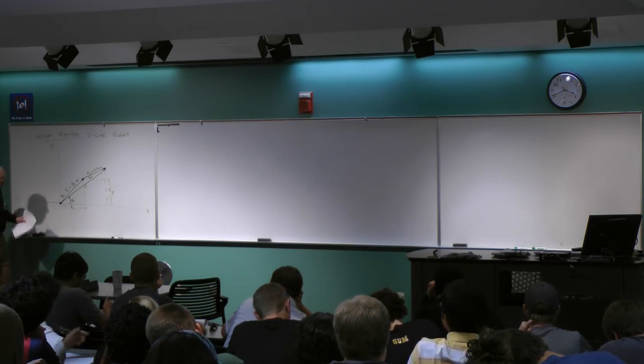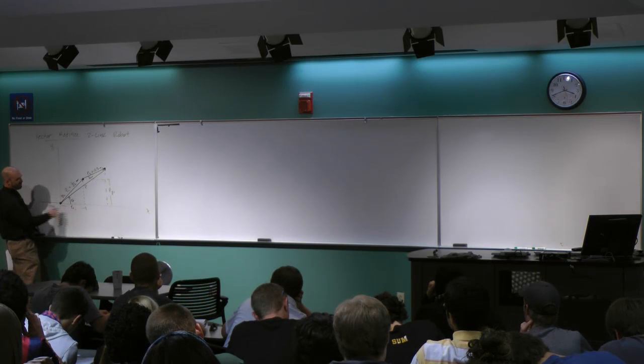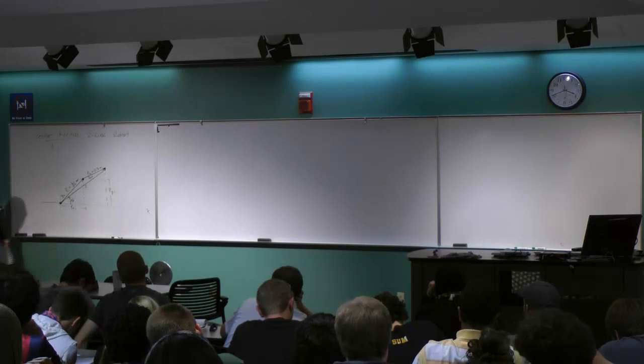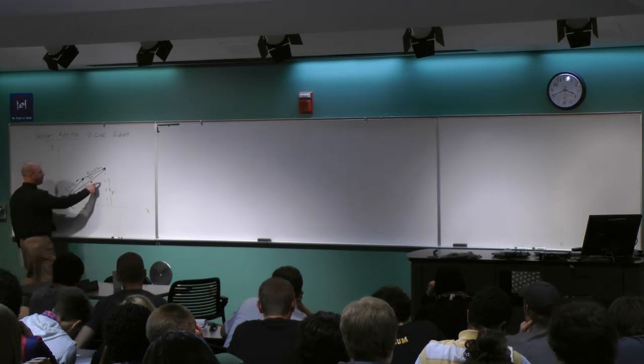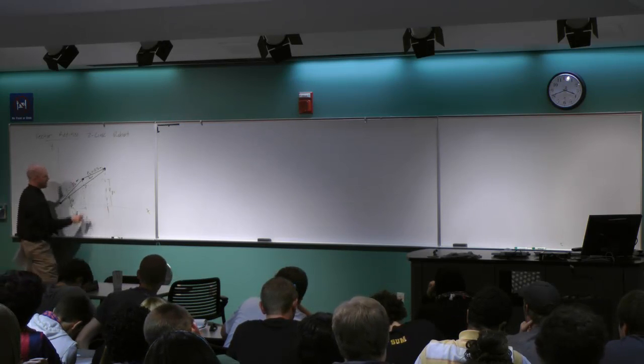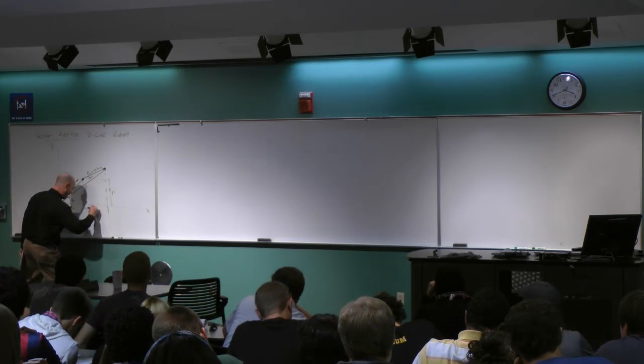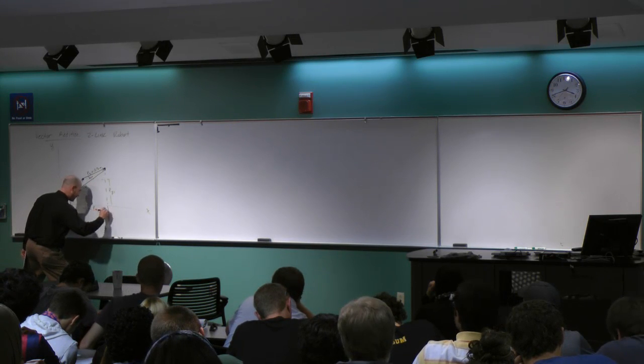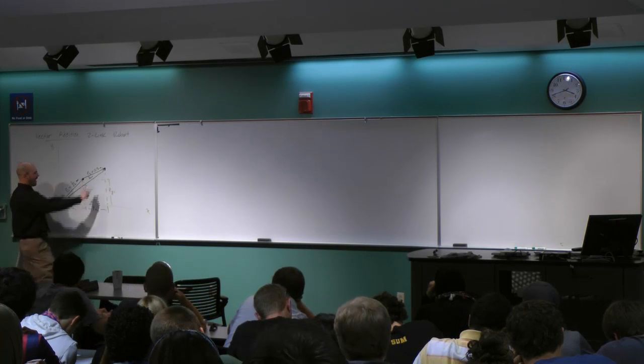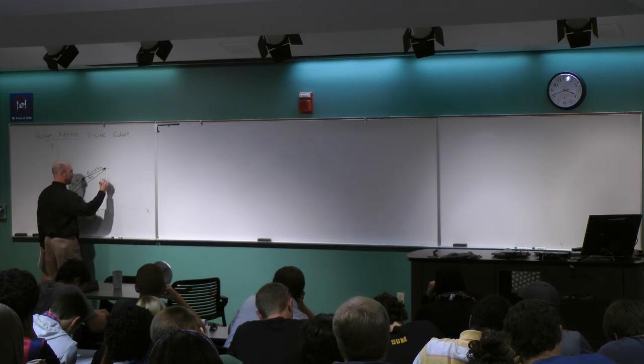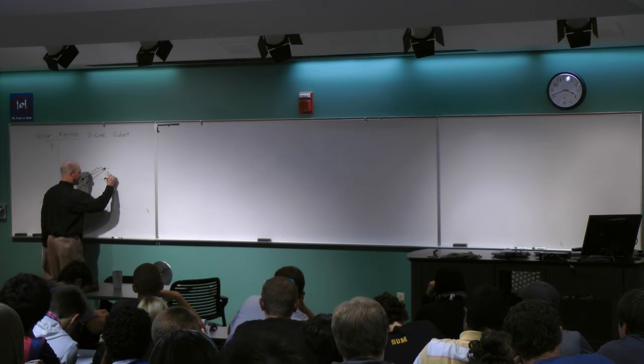So the x component of P1, the y component of P1. Similarly, P2 has a horizontal leg, and we'll call that Px2. And it has a vertical leg, and that's this guy here, Py2.